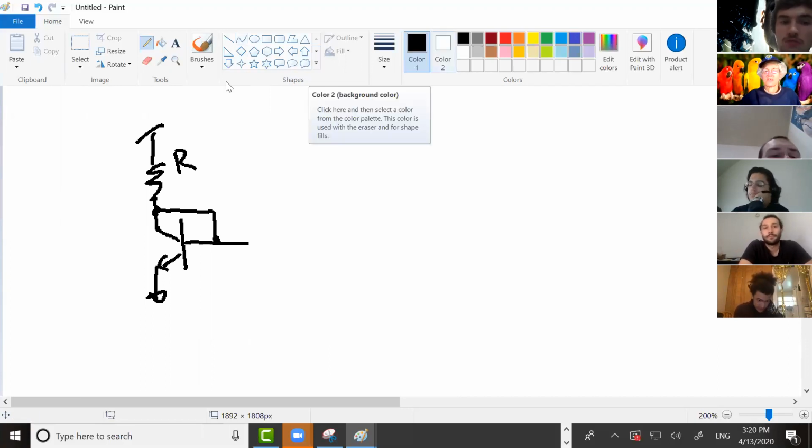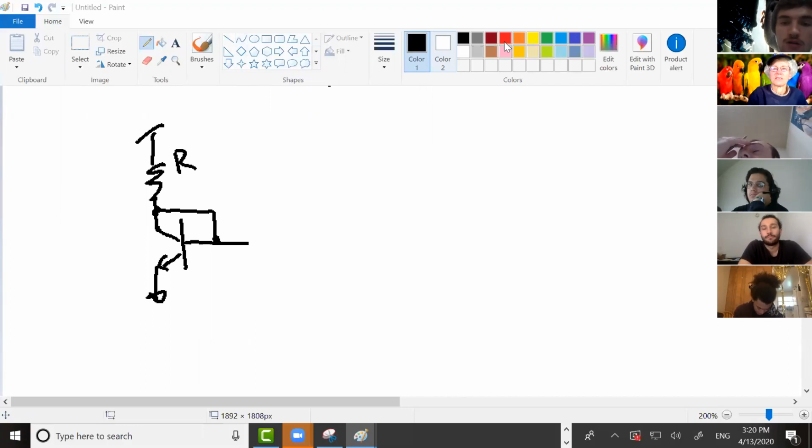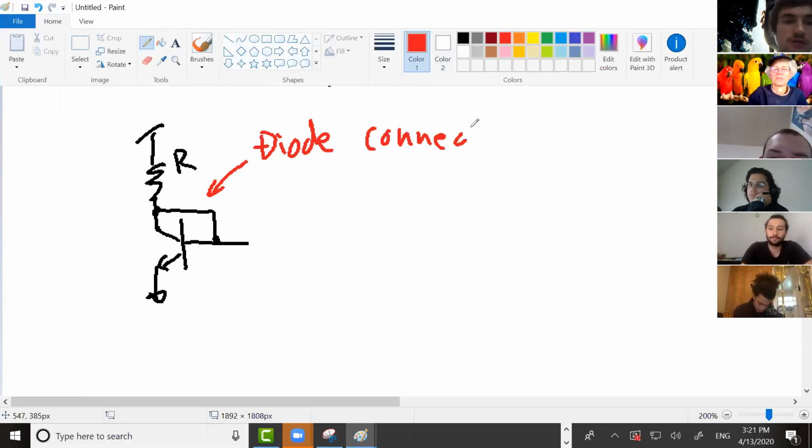Yeah, the base is connected to the collector. And this thing right here is called a diode connection. If you have a MOSFET and the gate's connected to the drain, you also call it diode connected.